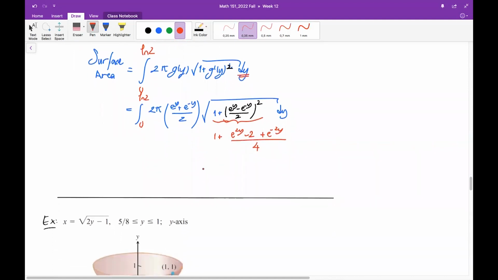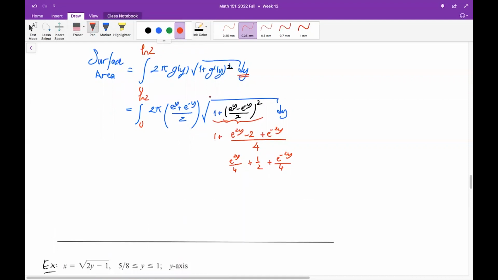If you write over a common denominator, it is 1 plus e to the power 2y over 4 minus 1 over 2 plus e to the power minus 2y over 4. 1 plus 1 minus 1 over 2: just combine these two, it is plus 1 over 2.